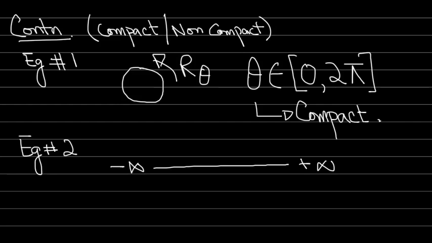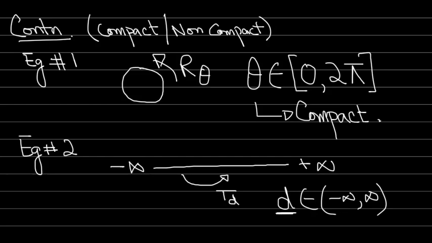You have this continuous line, and the transformation going from one place on this line to another is some t sub d, where d, of course, because this line is an infinite line, belongs to negative infinity to infinity. And so if there is no limit to d, then we have non-compact. So it's a non-compact continuous transformation, right?